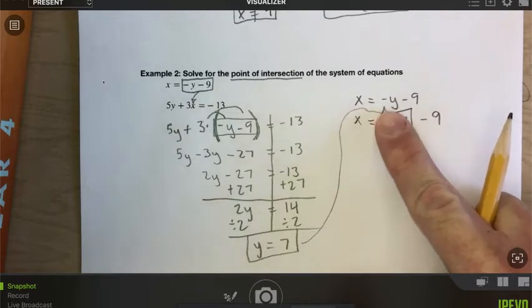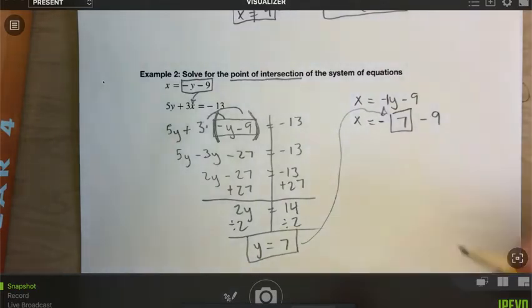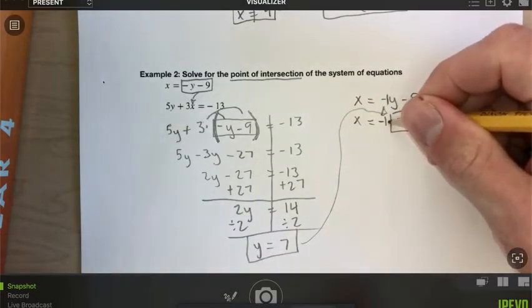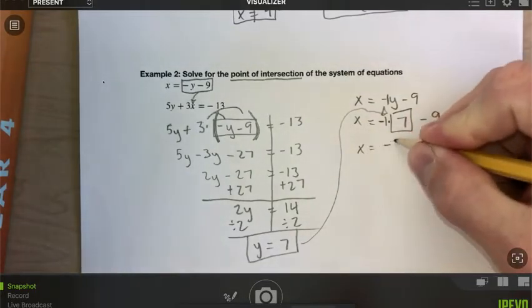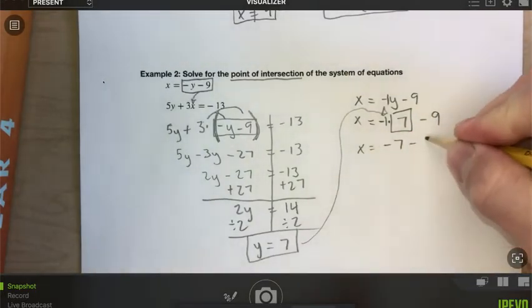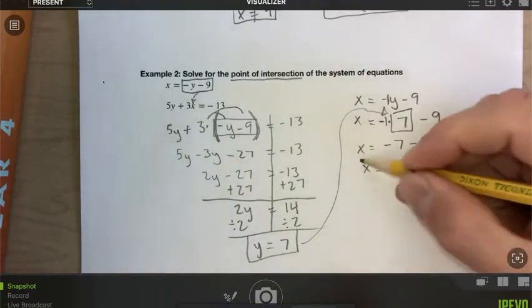Remember, whenever you just see a negative in front of a variable, there's technically a 1 hiding out there. And so really, this just means negative 1 times 7, which is negative 7. Minus 9, going to end up with x is equal to negative 16.